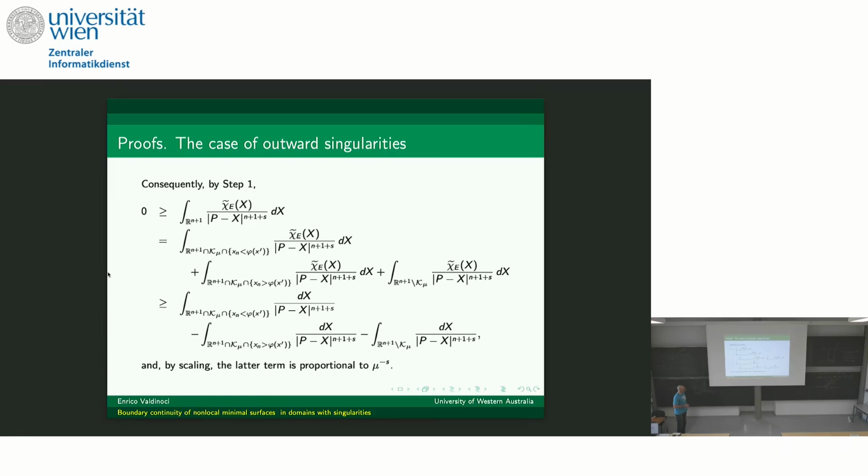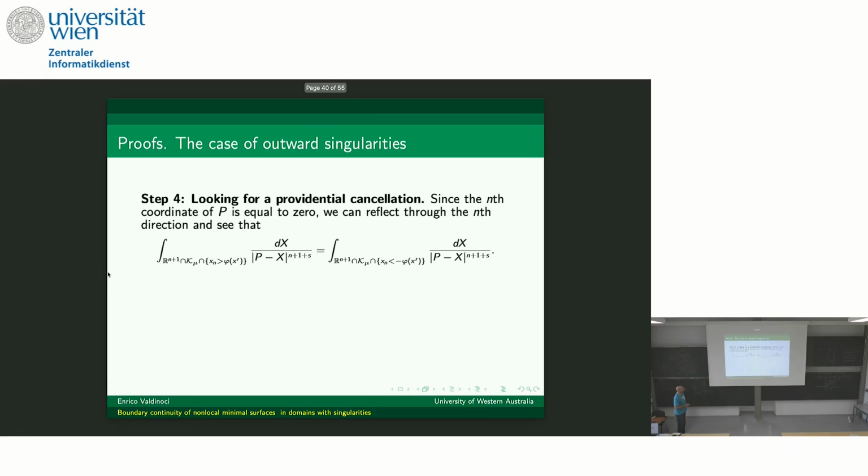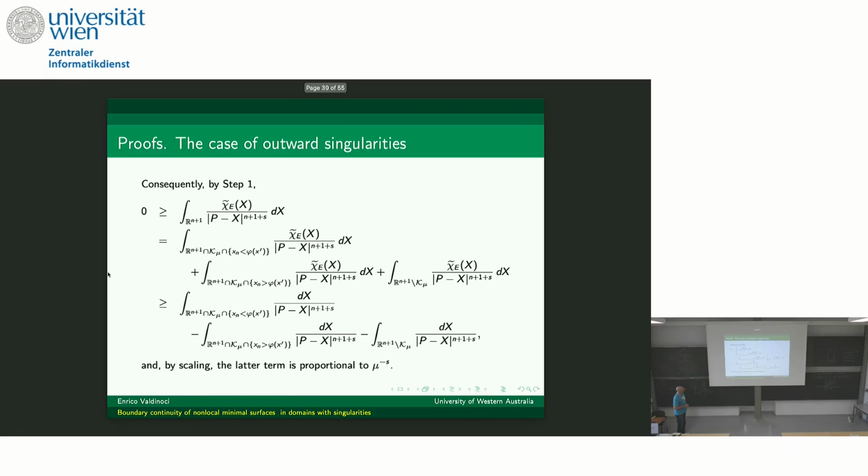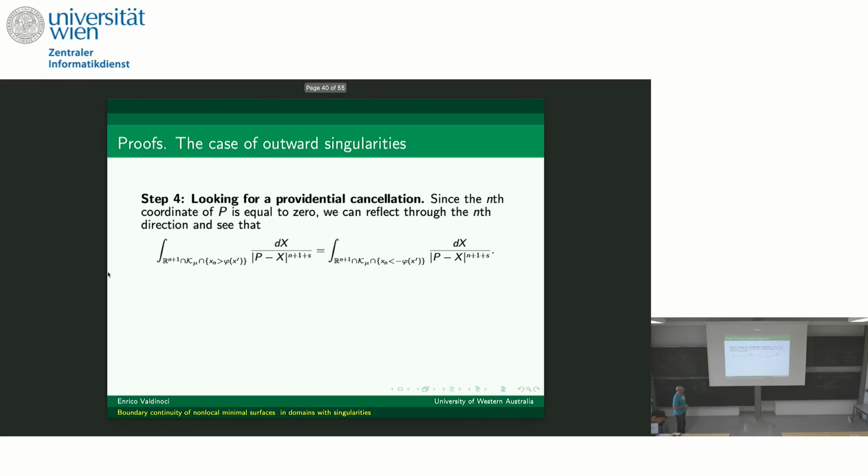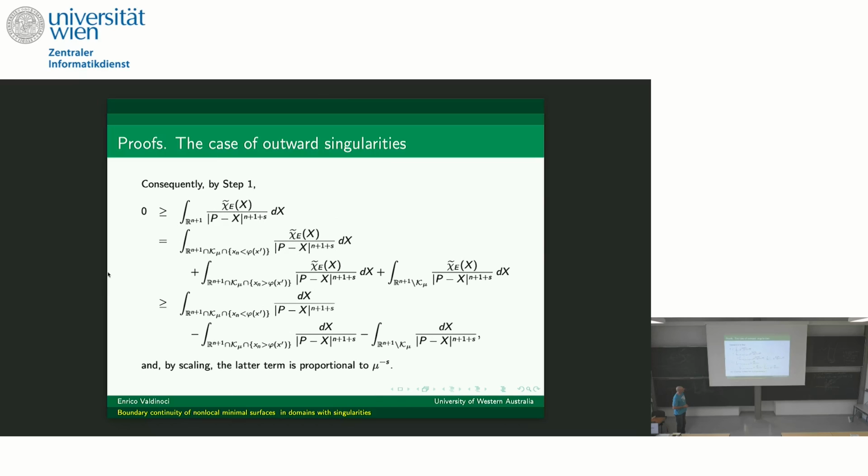Then I look at the last term. The last term is the complement of a cylinder, which by scaling is like mu to the -s. So this I know very well. And then, the annoying part is this contribution here, right? In the sense that I would like to say that these two parts mostly cancel out.